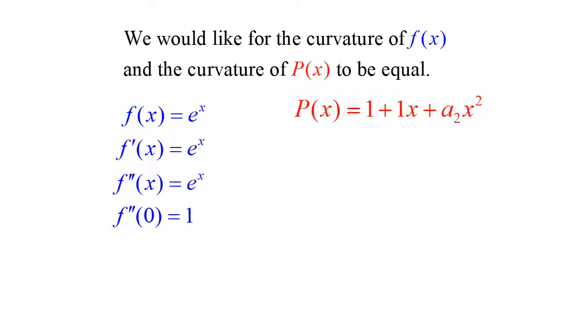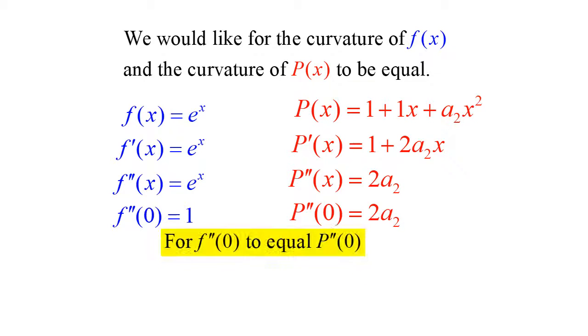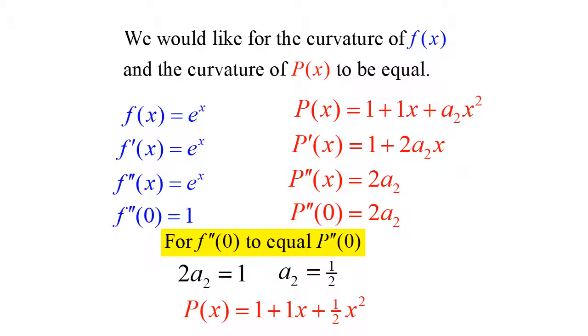So let's figure out what a sub 2 would have to be. Here's the first derivative, here's the second derivative. So these would have to be equal. In order for them to be equal, a2 would have to be 1/2. So here is the second degree polynomial, which we're claiming is a good match for the function e to the x.